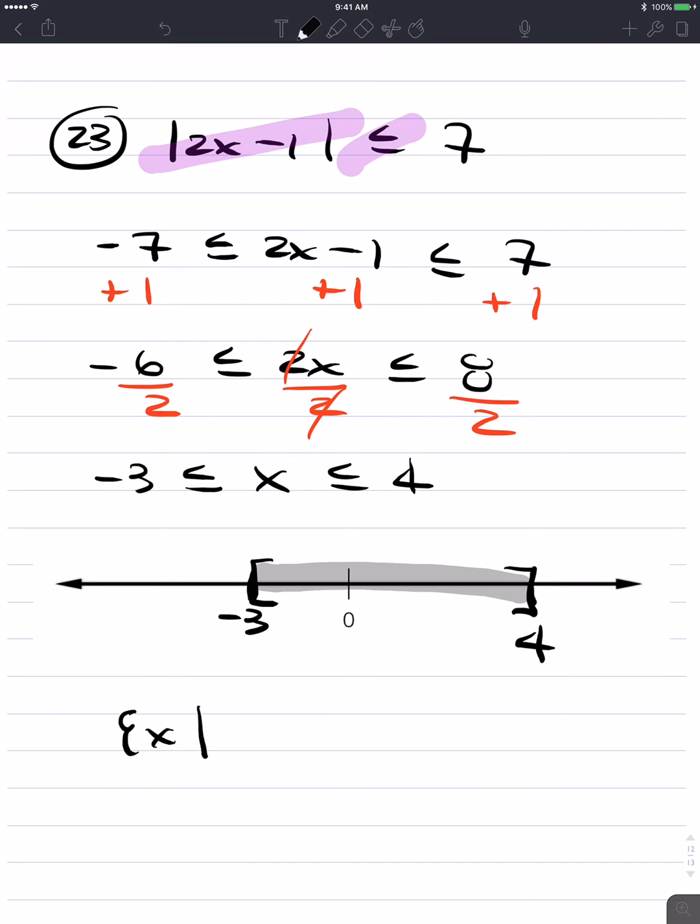Set of all x such that in set notation we need to remember the description. This is our description. Negative 3 less than or equal to x less than or equal to 4. Interval notation is from negative 3 up to 4, including negative 3 and 4.